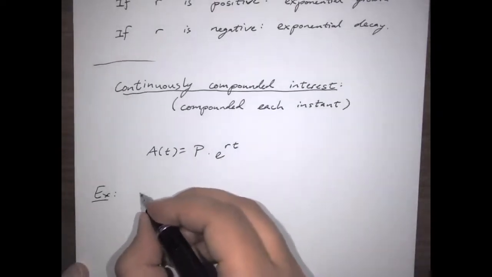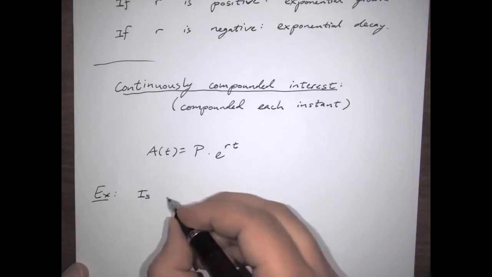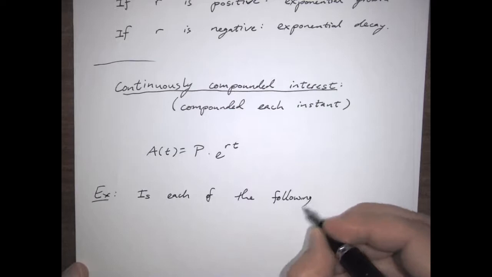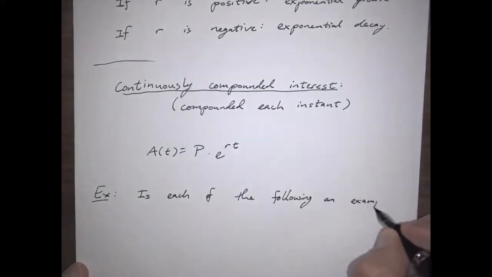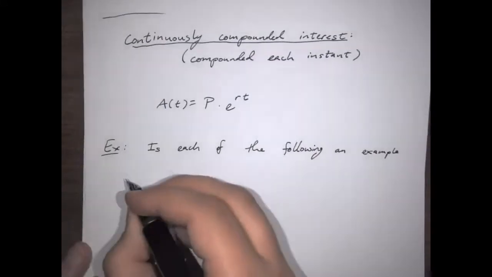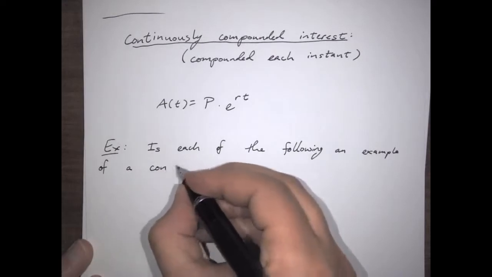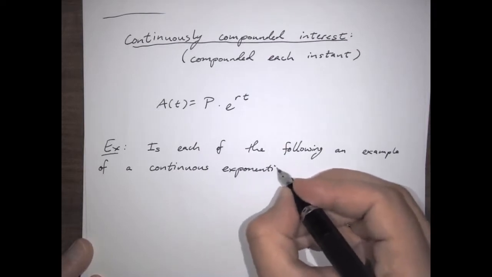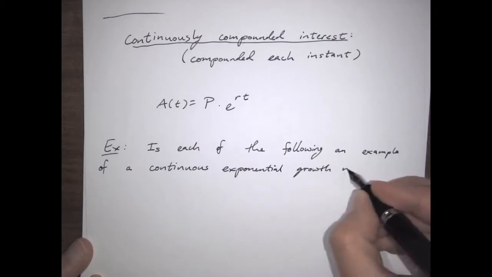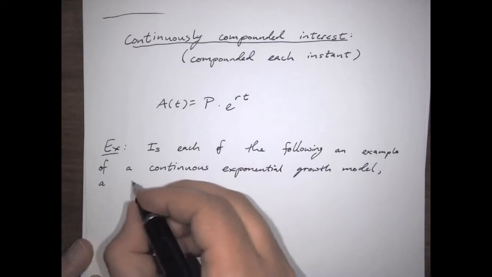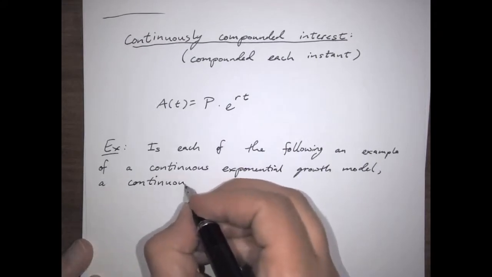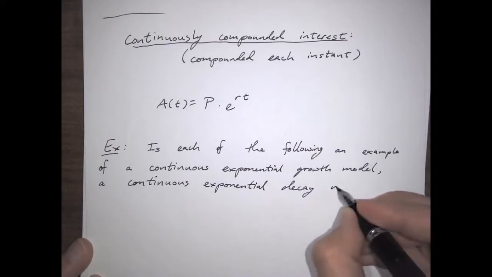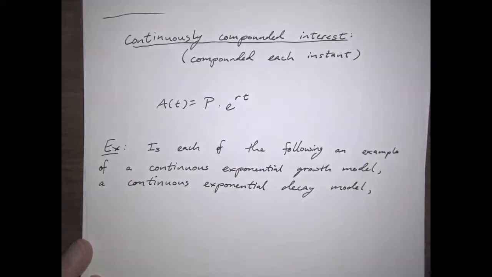So, is each of the following an example of a continuous exponential growth model, a continuous exponential decay model, or neither?